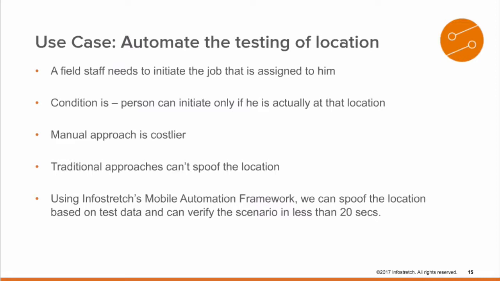So either you have manual testers who are physically moving between locations to simulate this environment, or you try to use some kind of spoofing mechanism, which achieves your purpose to a point, but it's really not scalable and it's very brittle. So by using this mobile automation framework, you can have this entire testing as part of your package in a very configurable form. And what this could look like at runtime is what we'll show you in the next slide.